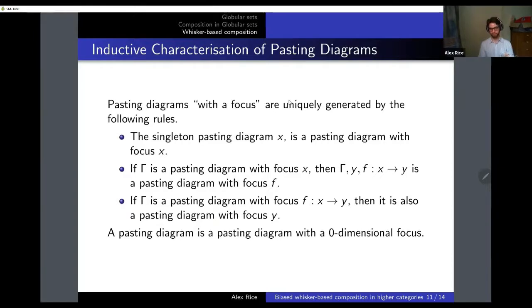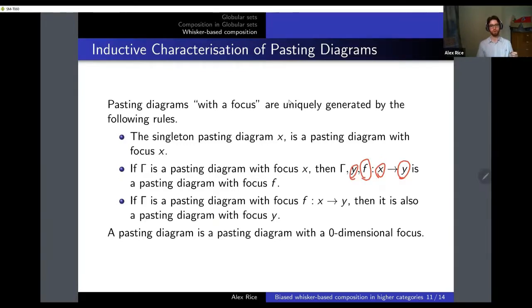The main operations are: a singleton globular set is a pasting diagram. We can do the composition of one object, not that it means a lot. Then, if we've got a pasting diagram with a focus, we can adjoin a new thing onto it with a new target. This is what we're joining with this fresh target here, and this goes from whatever the focus was to the new target.